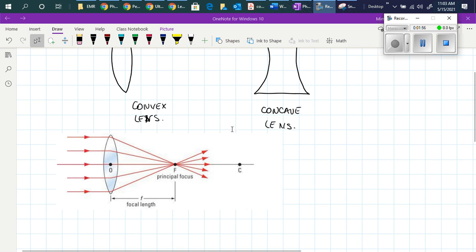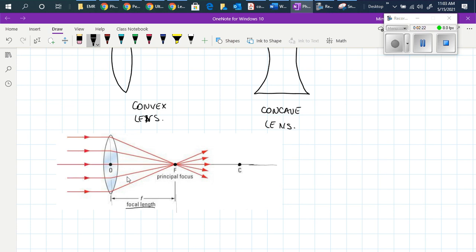A convex lens will collect all the rays at one point that is known as the focal point. This line here is the principal axis. This is the center of the lens, and the distance from the axis of symmetry of the lens to the focal point is known as the focal length.